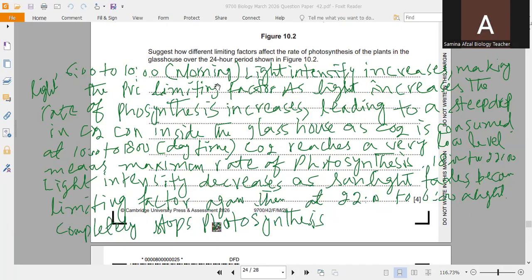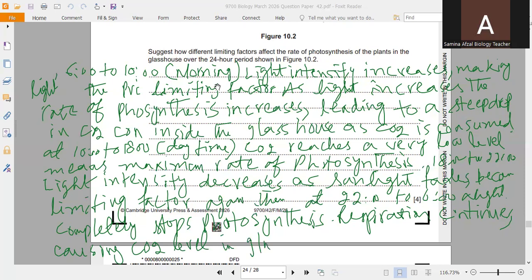Respiration continues, causing carbon dioxide levels in the glasshouse to remain high.